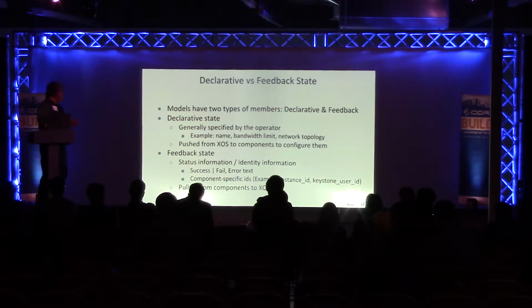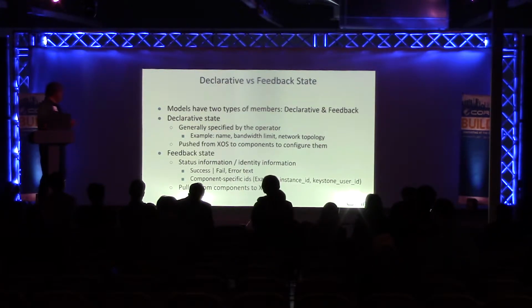Some examples of declarative state: a username or an email address for a user record. You type that in, that's the state you wanted it to be. Our subscriber objects have a bandwidth limit. Someone would have specified that bandwidth limit. Even something as complex as a network topology, someone sat down and figured out how those networks are supposed to be plumbed together.